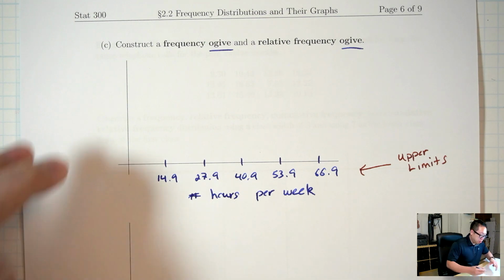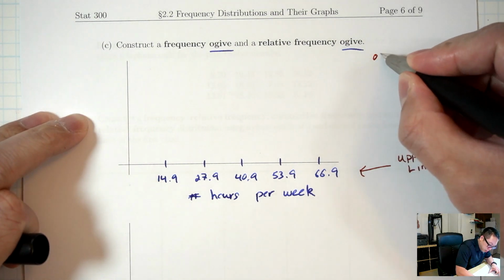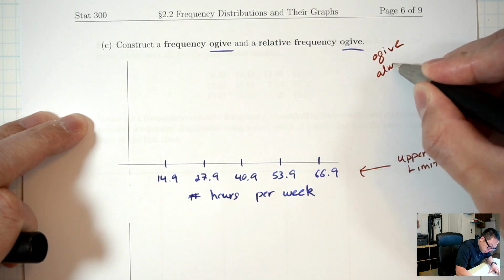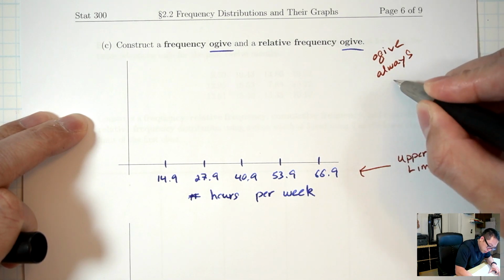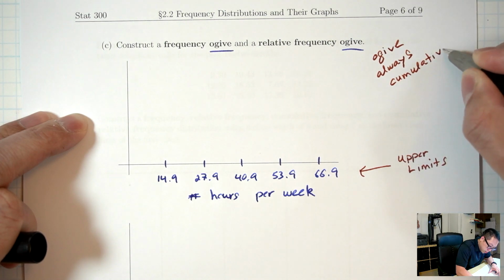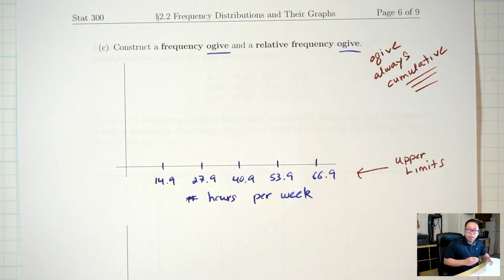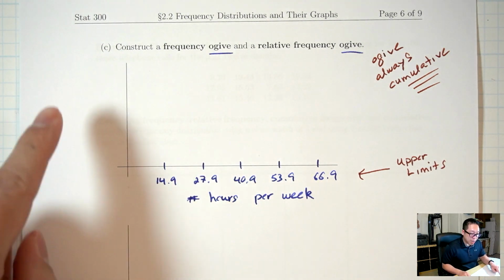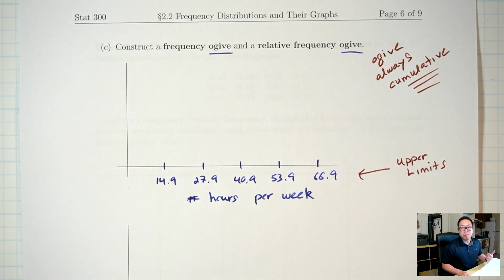Even though it says frequency ogive, what you should put on the y-axis is cumulative frequency.